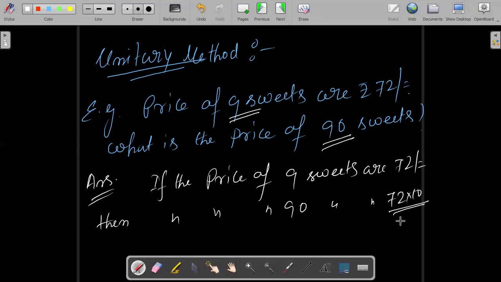Can anybody tell me? Actually, this is not directly 10. This is 72 into 90 by 9. That is 72 by 9 into 90. Here comes the unitary process. Therefrom, you get this 10. But we will understand it in a deeper manner.